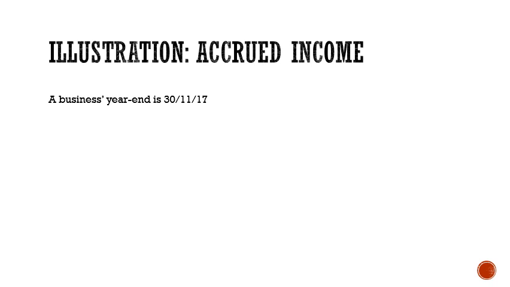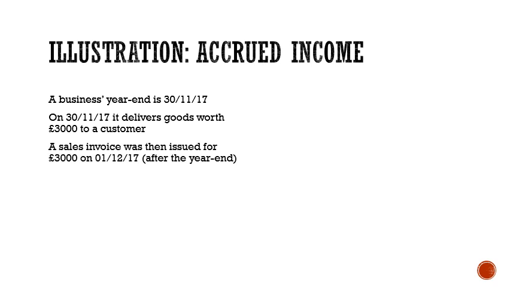So let's illustrate this. A business's year end is the 30th of November 2017, and on that date it delivered goods worth £3,000 to a customer. And then the next day, on the 1st of December, so after the year end, it issues its sales invoice to that customer.